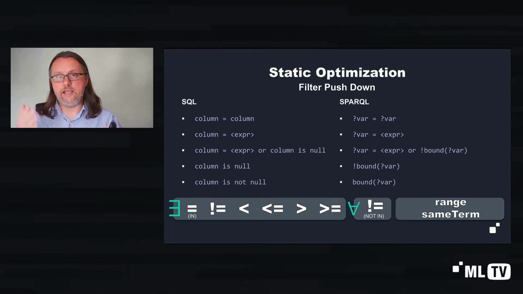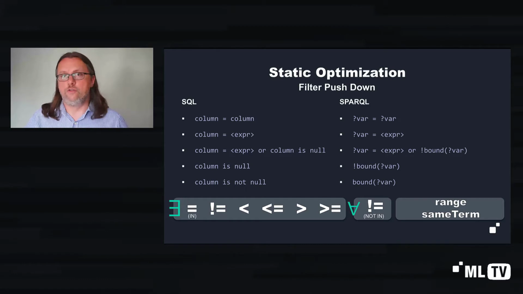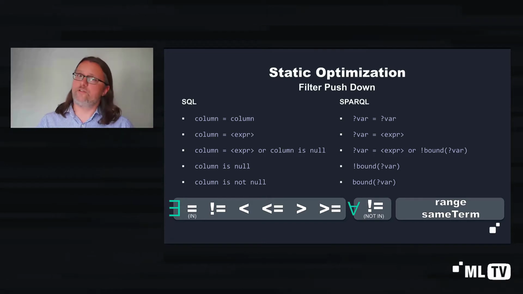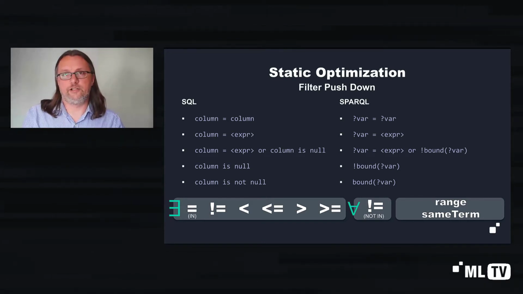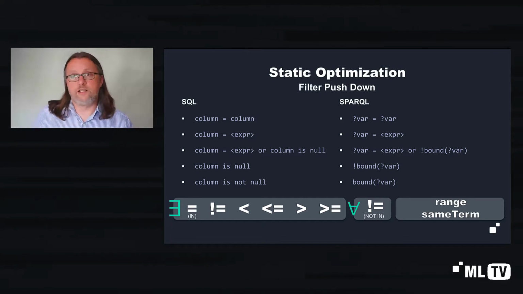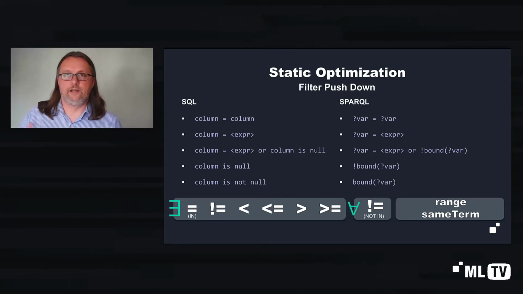So column equals something, or the column is null. And then also we can push down column is null or column is not null types of expressions, so that they can affect the joins that those nulls come from, or in other ways the nullability of columns in tables that are being accessed.